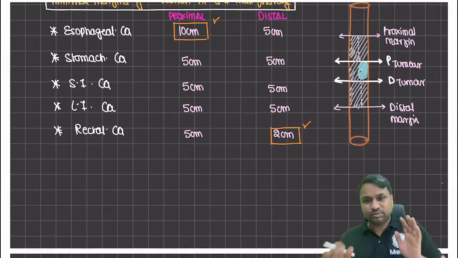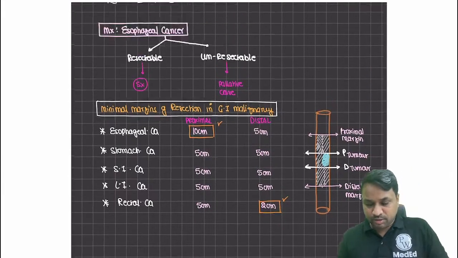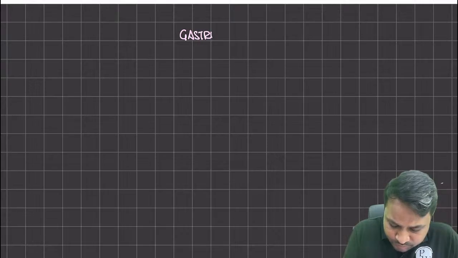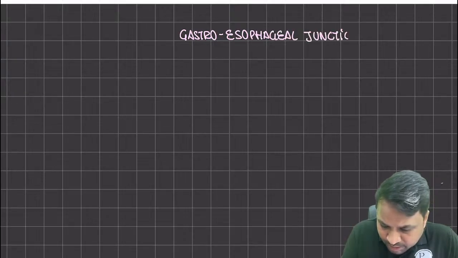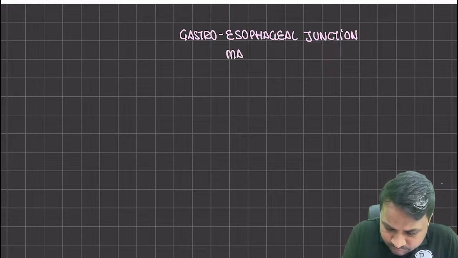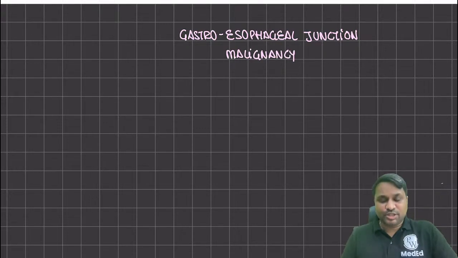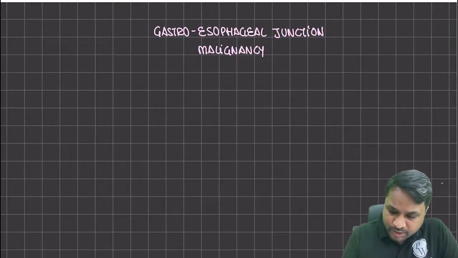Another thing you need to take into consideration in the management of esophageal malignancies is the G-junction cancers, right? For gastroesophageal junction malignancies, how would you like to approach it?